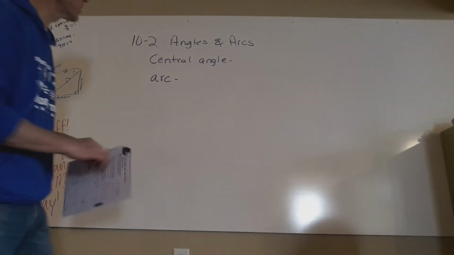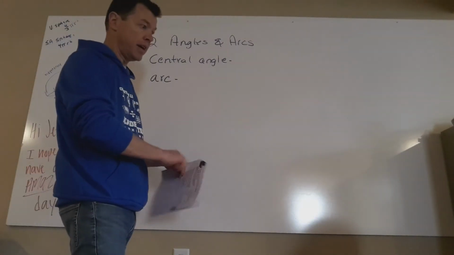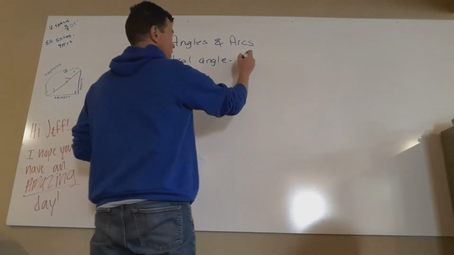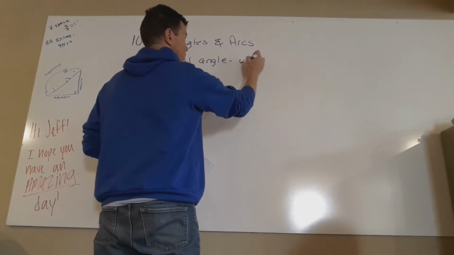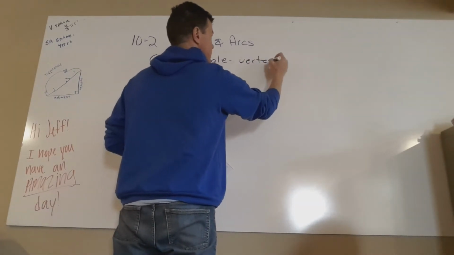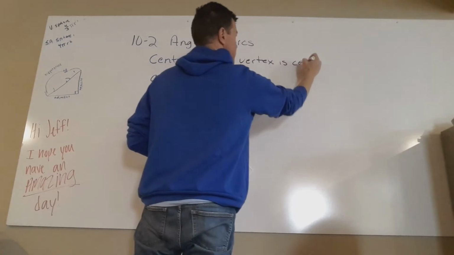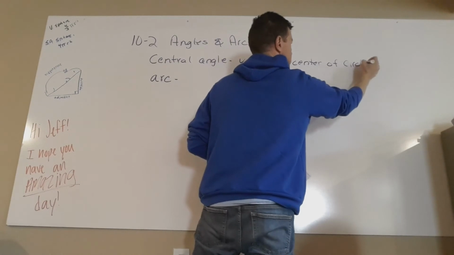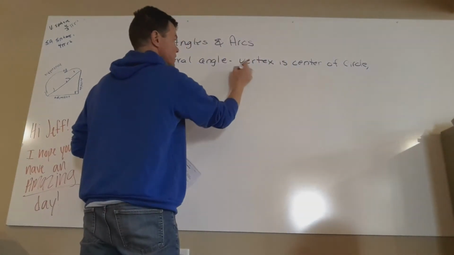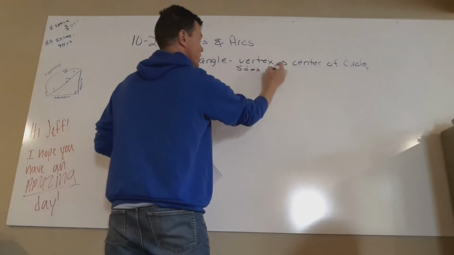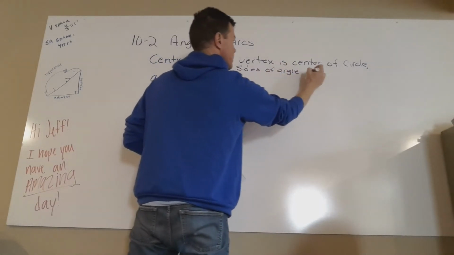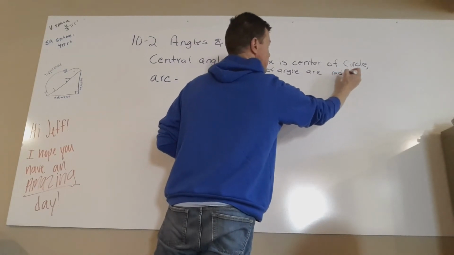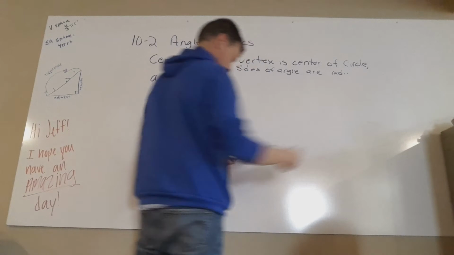The vertex is actually the center of the circle, and the sides of the angle are the radii.